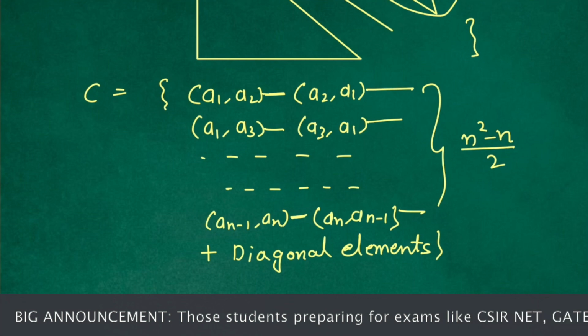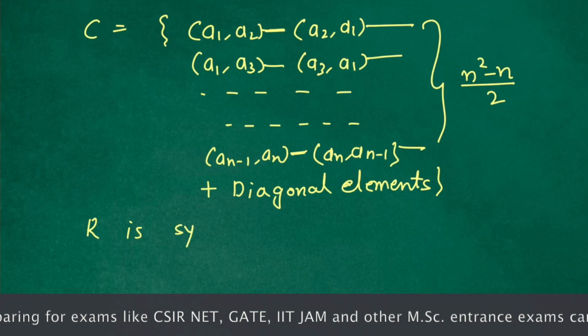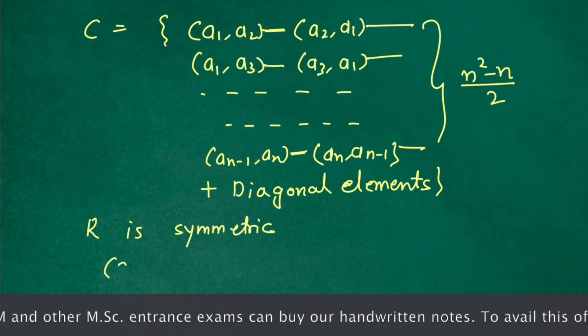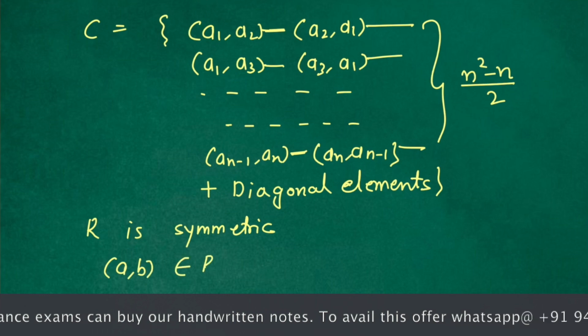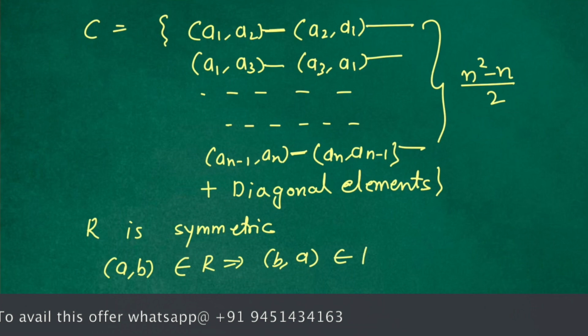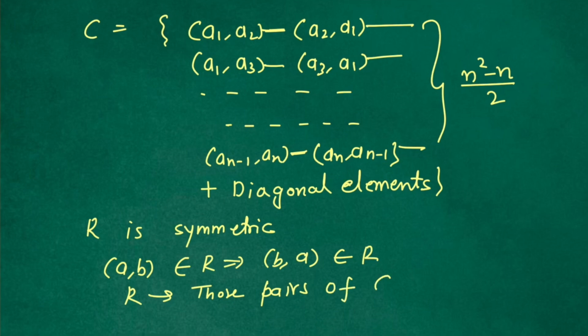Now if relation R is symmetric, then if (A, B) belongs to R, then (B, A) also belongs to R. That means this R always contains such pairs of set C, and it may also have diagonal elements.